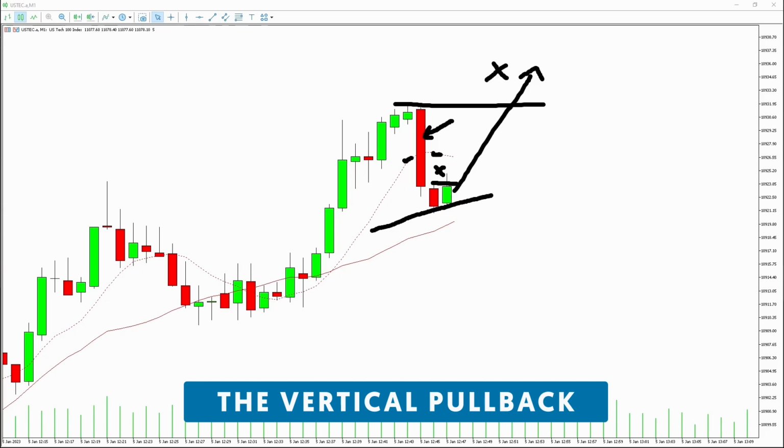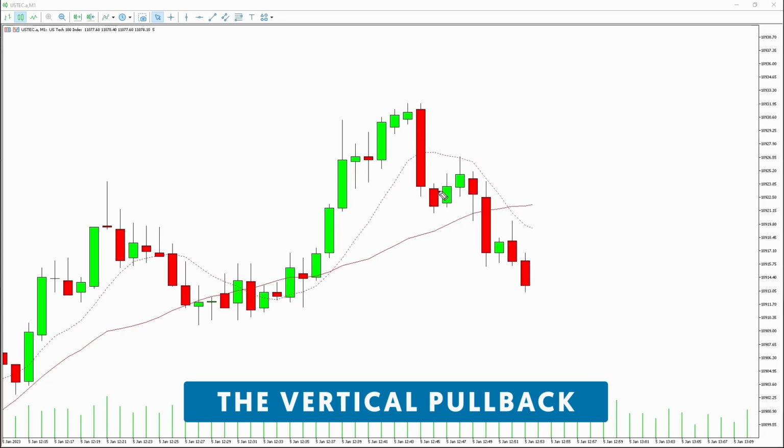And what happens after this? As you can see, the price tried to go up, but it was immediately rejected again to the downside. On the 20 moving average, it still tried to reject and left this wick here, but it was not enough and the price just broke the moving averages to the downside.